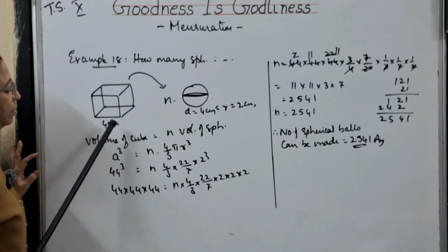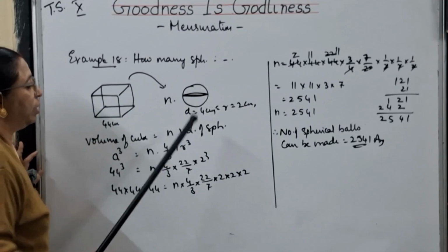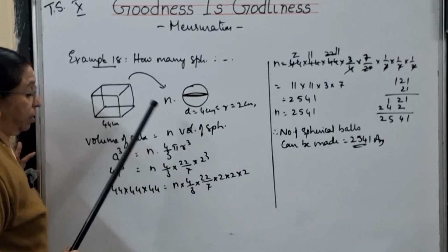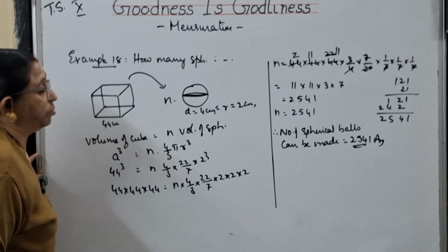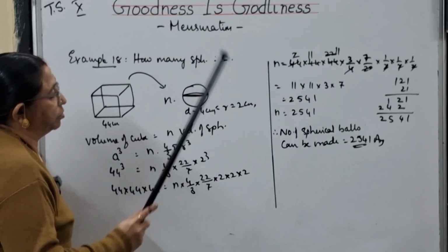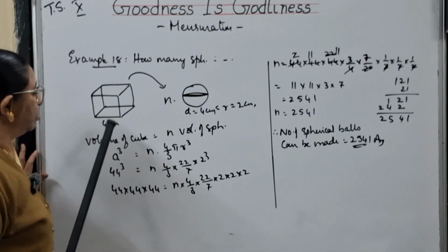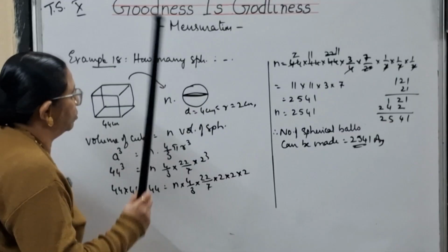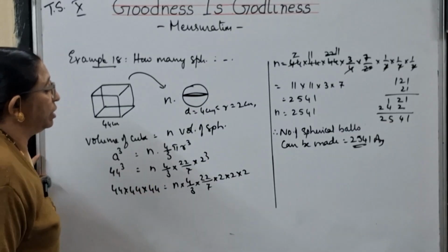They said the cube side is 44 and the diameter of the sphere is 4 centimeters. Diameter 4 centimeters means radius 2 centimeters. So volume of the cube is equal to n times volume of the spheres.